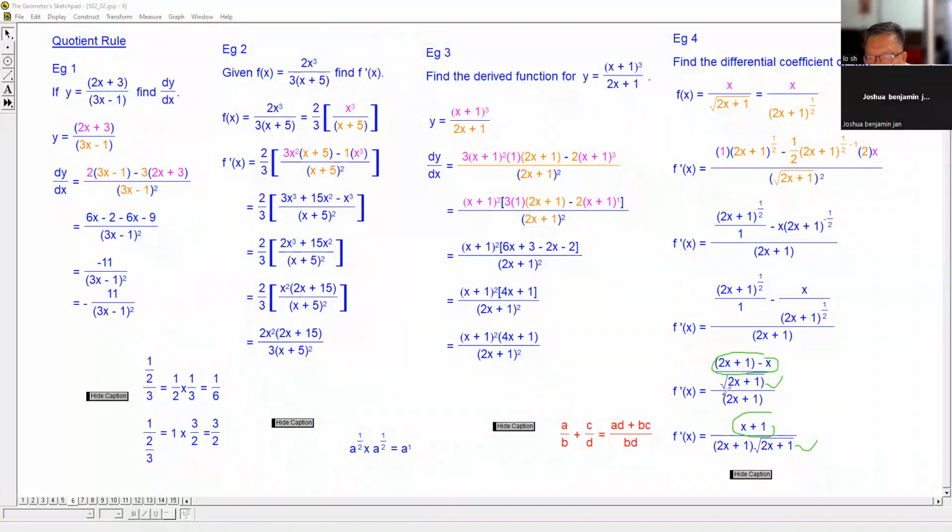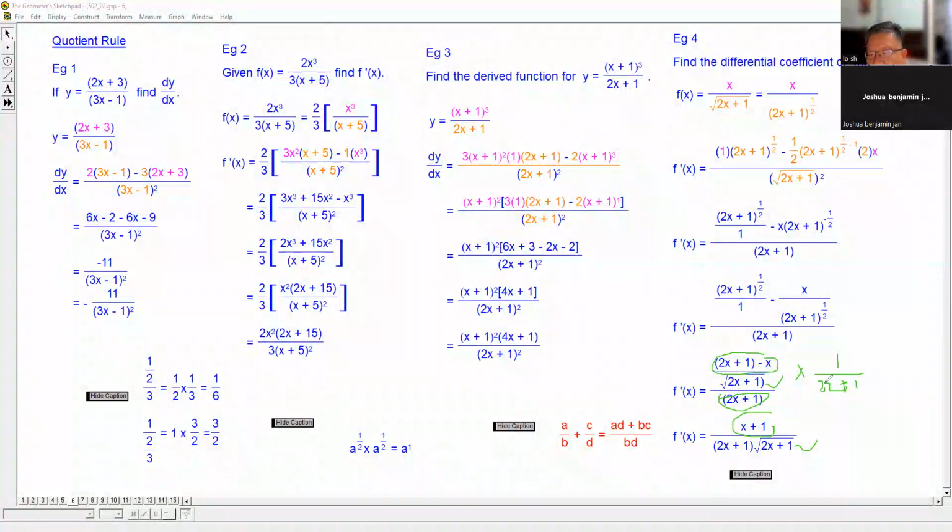Oh, this one. This one, how to deal with it? You have to take this, multiply with 1 over 2x plus 1. This one becomes here. That's why when you multiply this with 1, you get this.